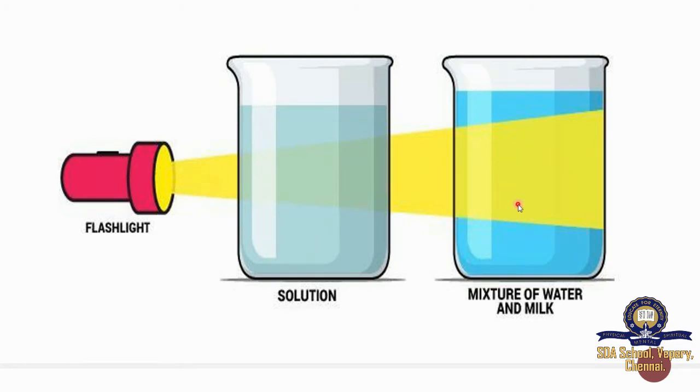This is because the particles in colloidal solutions are big and scatter the light rays, and thus it is visible. But when we consider true solution, it cannot scatter the light rays because the particles of the true solution are too small and thus they do not have the property to scatter light. Hence, the Tyndall effect helps in differentiating true solution and colloidal solution.